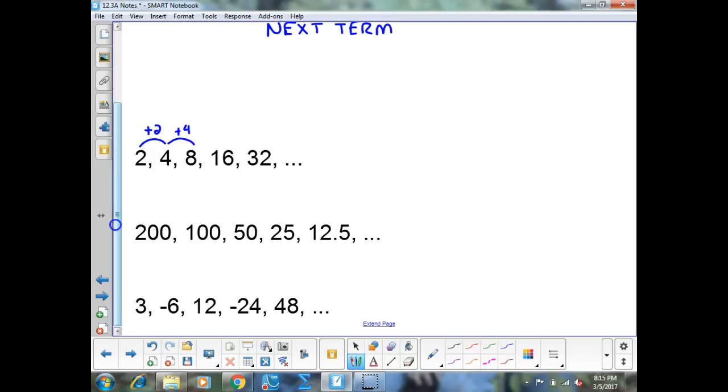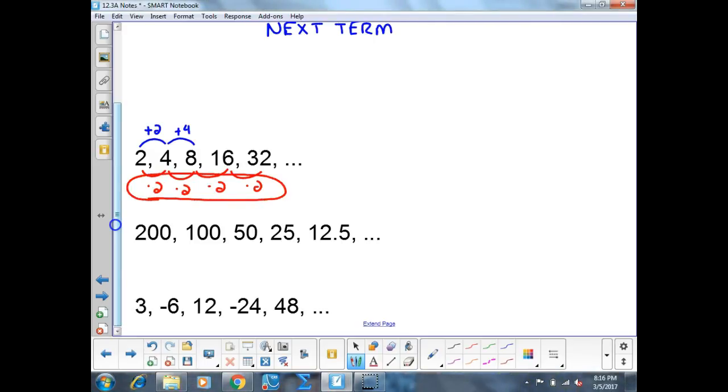However, I can multiply by 2, and multiply by 2, and multiply by 2, and multiply by 2, and those are all the same. I'm always multiplying by 2, so my R value here is 2, and it's a geometric sequence. Because it's geometric, it's not arithmetic.